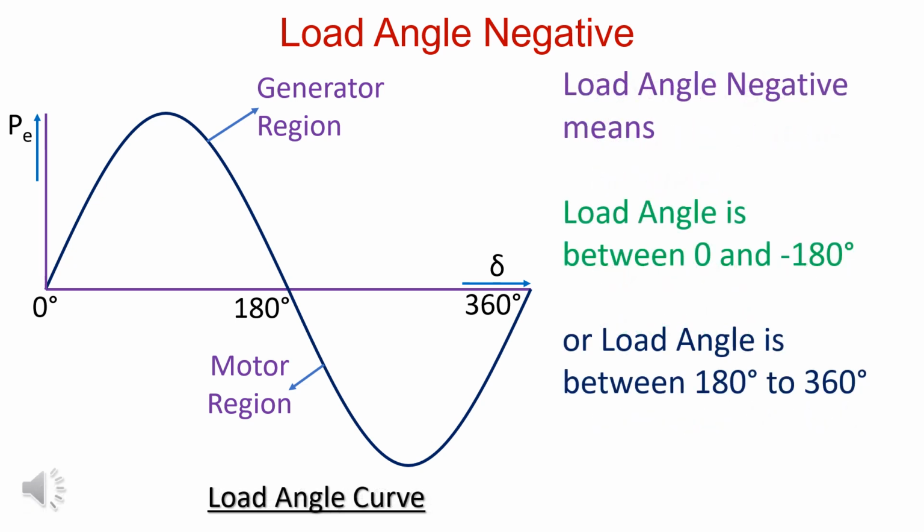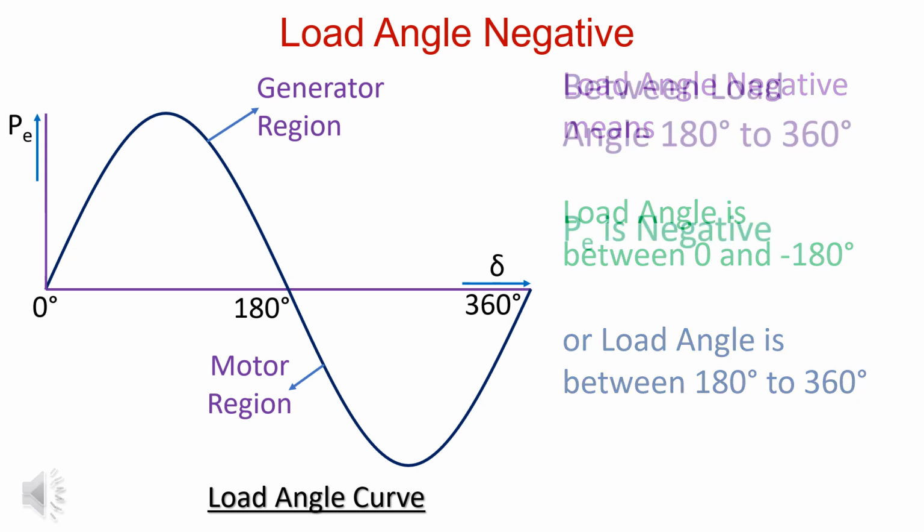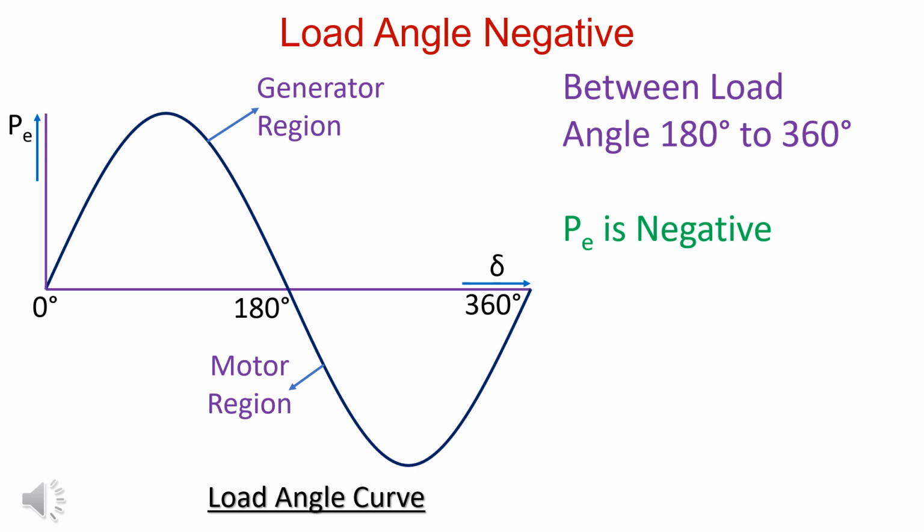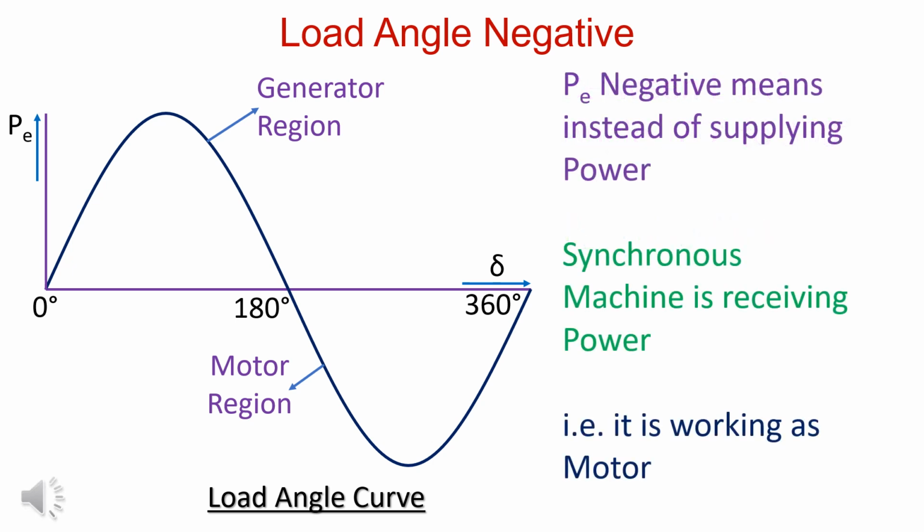Load angle negative means the load angle is between 0 and minus 180 degrees, or between 180 and 360 degrees. PE is negative in this region. Instead of the synchronous machine supplying power, it is receiving power. That is, it is working as a motor.